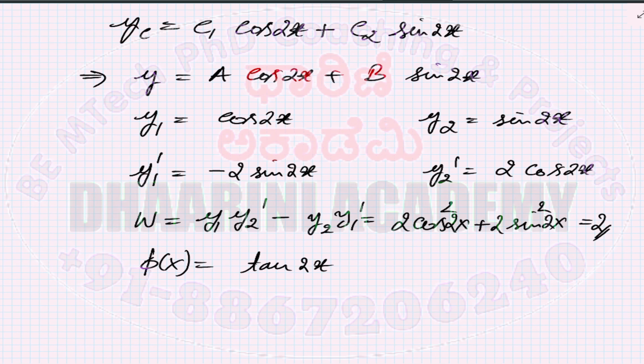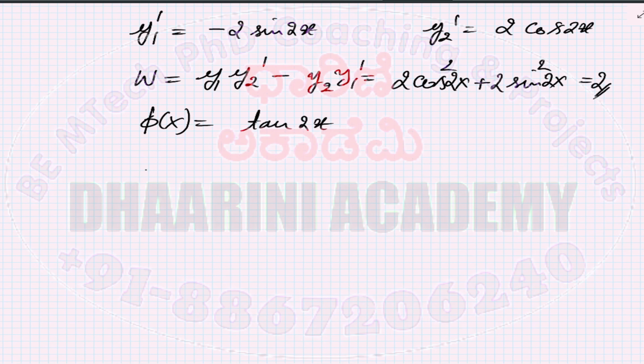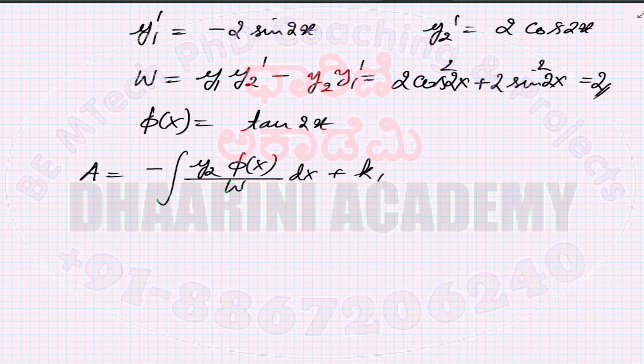All right, using all these values, we are supposed to find the required values of a and b. Let me start with a. a is given by negative integral of y2 into phi of x divided by w times dx plus a constant k1.